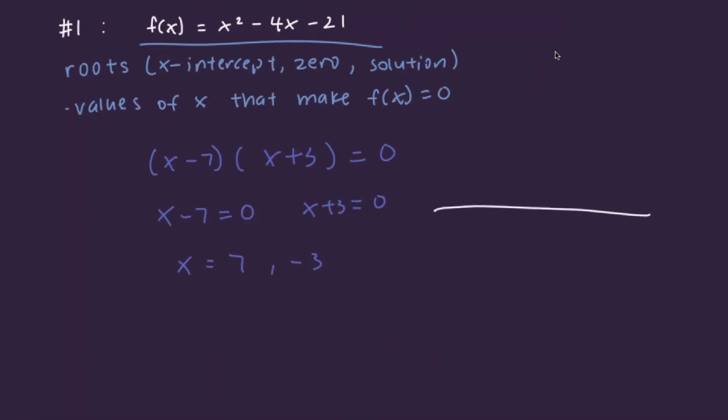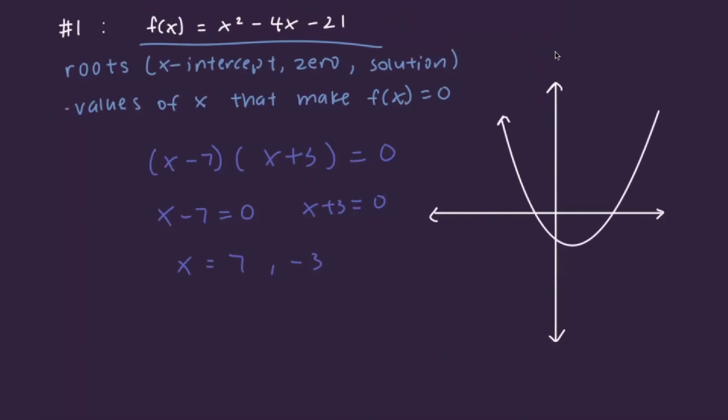Graphically, this means that this quadratic crosses the x-axis at x equals 7 and x equals negative 3. So x equals negative 3 here and 7 here.